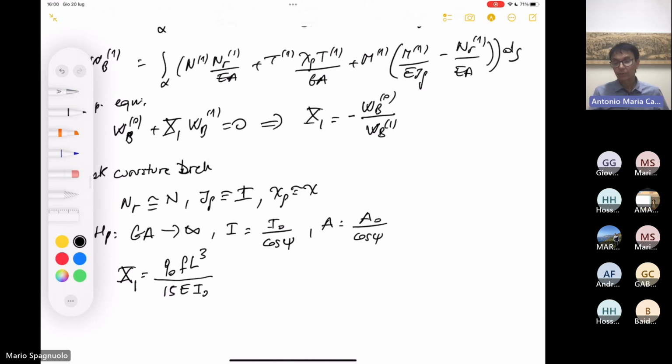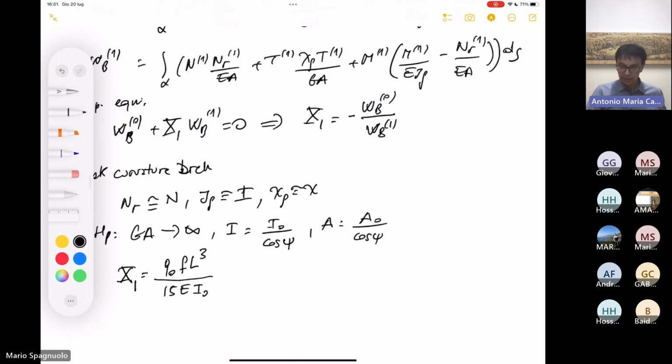And this assumption means that we are assuming that the arch does not have a uniform cross-section, but a variable cross-section, with I0 and A0 defining the keystone moment of inertia and cross-section area of the arch.